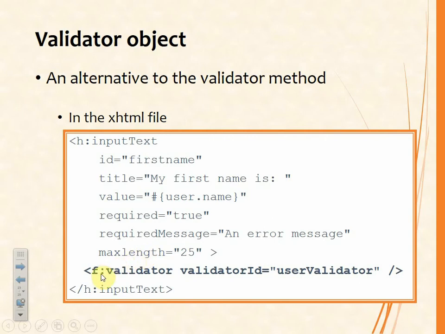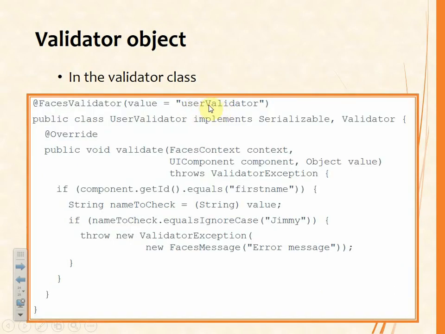What we do instead is nest a validator element using a validator ID, and we'll see how that's done right now. That validator ID is this value here that is put onto that annotation. The @FacesValidator annotation declares this particular class to be an official validator within JSF, and therefore it will be managed by the control servlet.